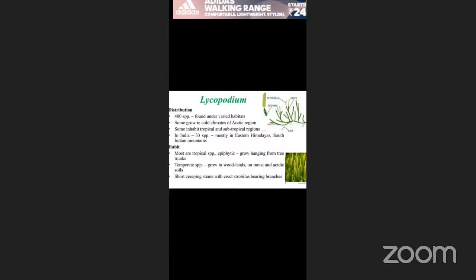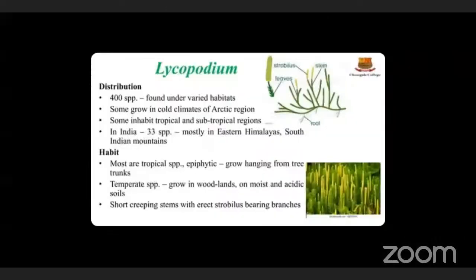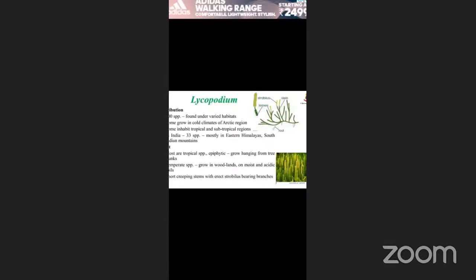The fertile leaves bear the sporangia, so they are called sporophyll leaves. Those leaves are arranged as strobili, these are sporophylls. That leaf we call a sporophyll leaf, and they bear the sporangia. The leaf-like sporophylls bear kidney-shaped sporangia.